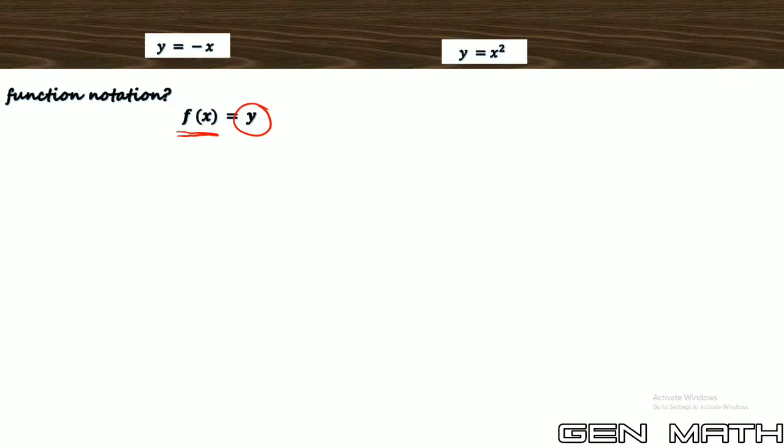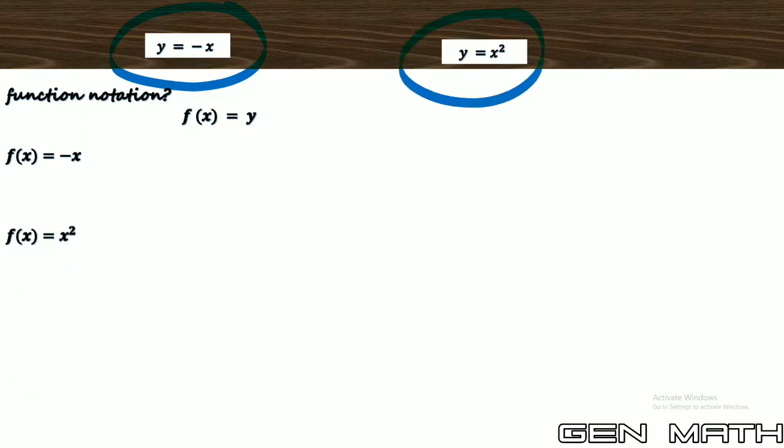We can also use other letters like h of x, or capital letters like j of x. So for this example, we can rewrite this as f of x equals negative x, and for this example, we can rewrite this as f of x equals x squared.